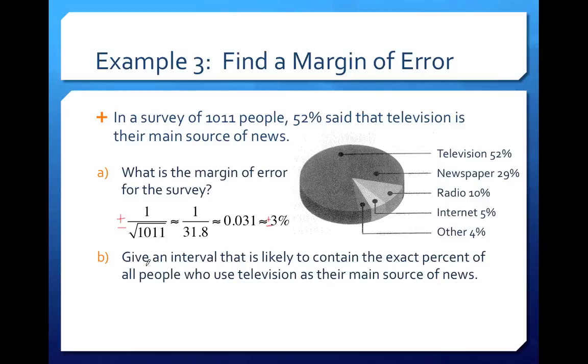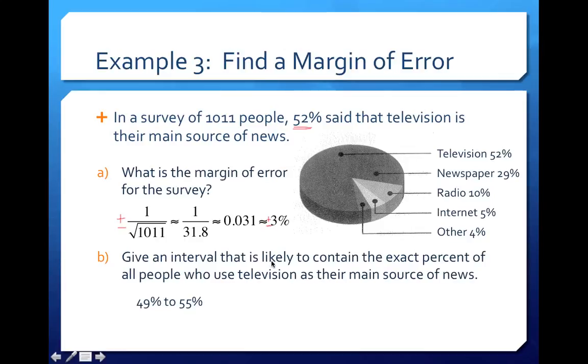Then we're being asked to give an interval that is likely to contain the exact percent of all people who use television as their main source of news. So we take the 52% from our sample, subtract 3% to get the lower limit, and add 3% to get our upper limit.